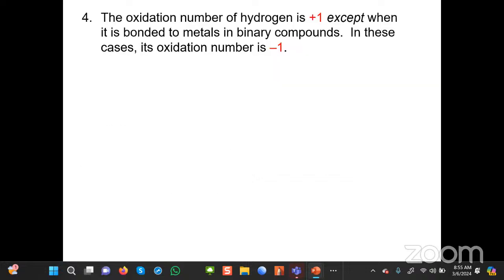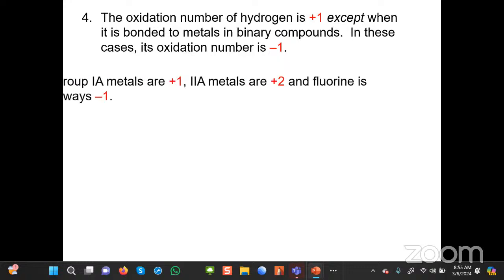And then the next rule has to do specifically with hydrogen. The oxidation number is usually +1 for hydrogen, excepting if the hydrogen is directly bonded to a metal. In those instances, the oxidation number is -1, all right? Do I have some examples here? No, I don't.